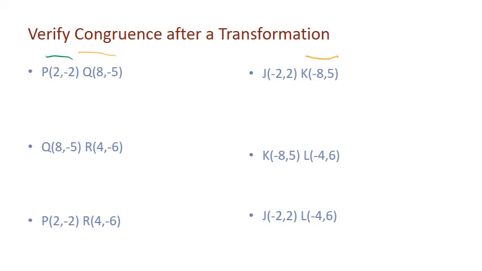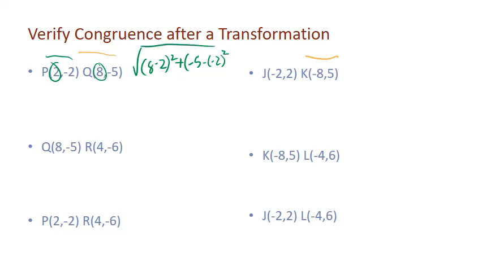So let's get the distance then for PQ. We should have the square root of x2, which is 8, minus x1, which is 2, squared, plus negative 5 minus negative 2. It's going to make that a positive, squared, and the square root of that.